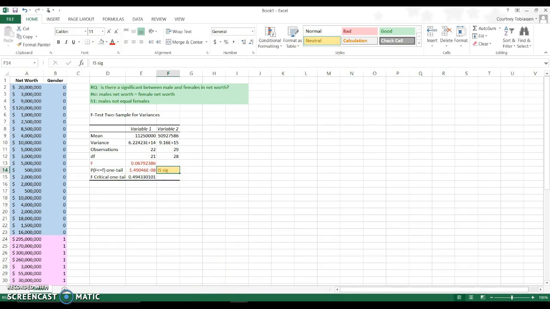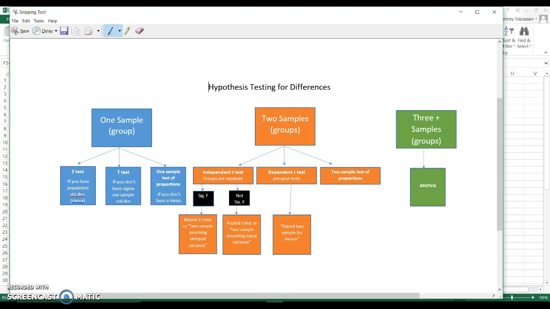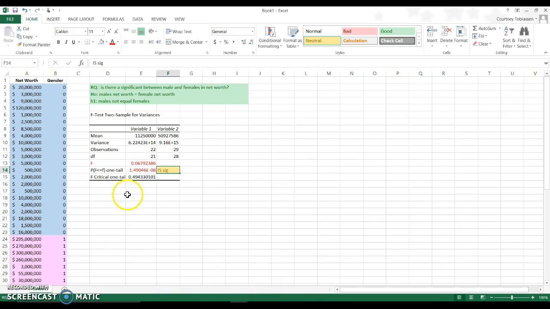Let's highlight that. Now we have to go back over here and say, okay, I have a significant F, so I'm going to use a Welch's test, or in this case, a two sample assuming unequal variance. All this is doing is giving me an F-test and a p-value associated with that that's going to lead me to which t-test I get to use.